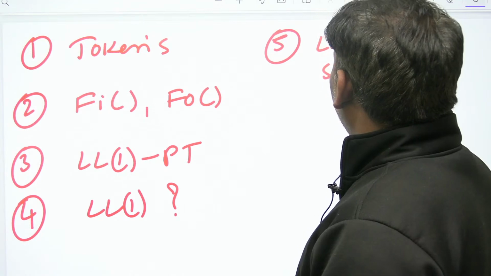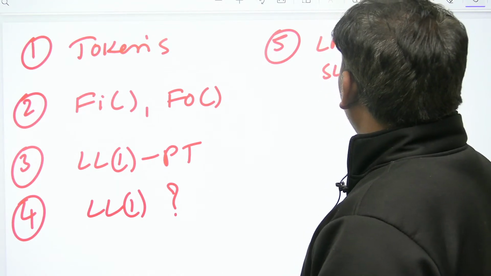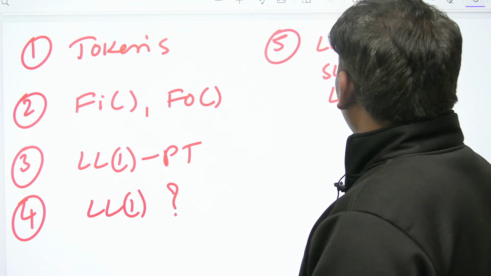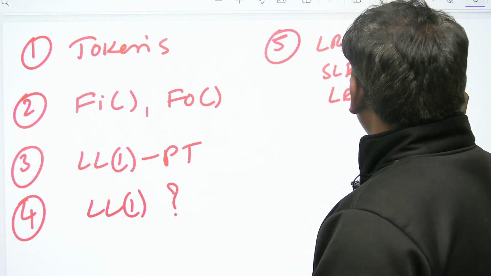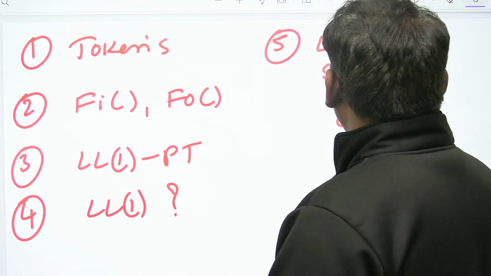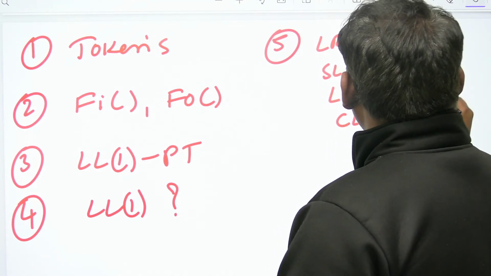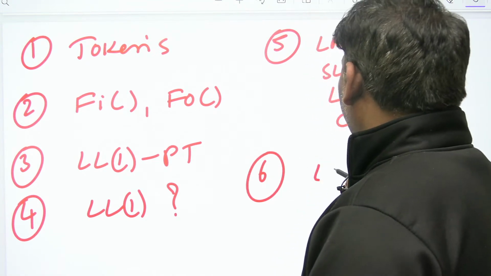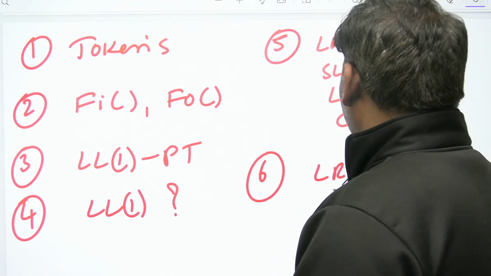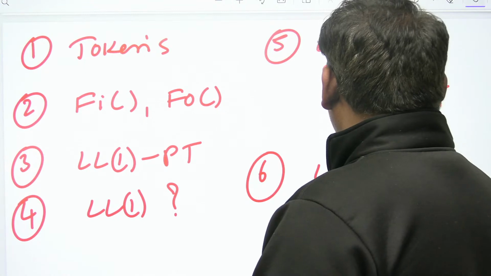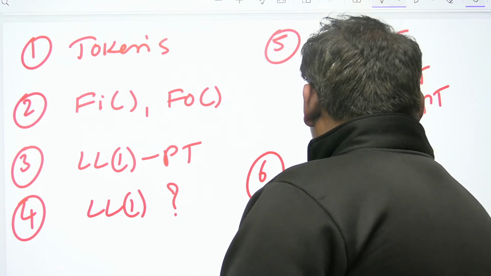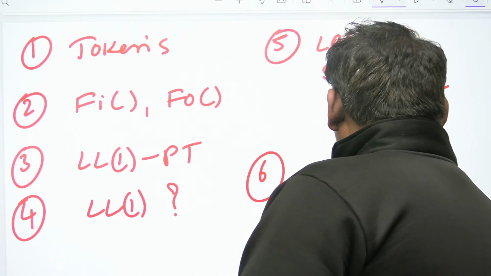SLR1 parsing table. LALR1 parsing table. CLR1 parsing table. So careful. That is the fifth one. Sixth one, checking given grammar LR0 or not, SLR1 or not, CLR1 or not, LALR1 or not.